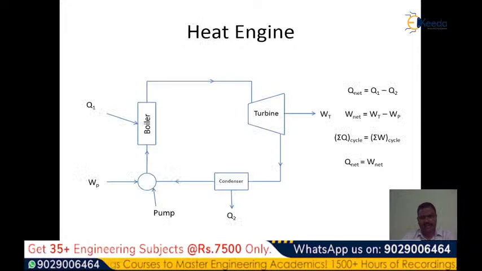Now before understanding the concept of this heat engine, let us have another type of heat engine, that is the IC engine. In the case of an IC engine, the working substance is air.